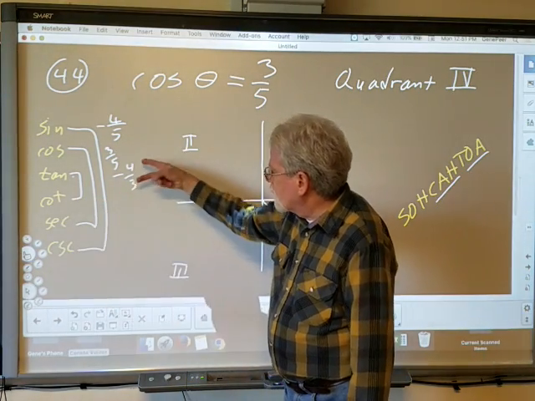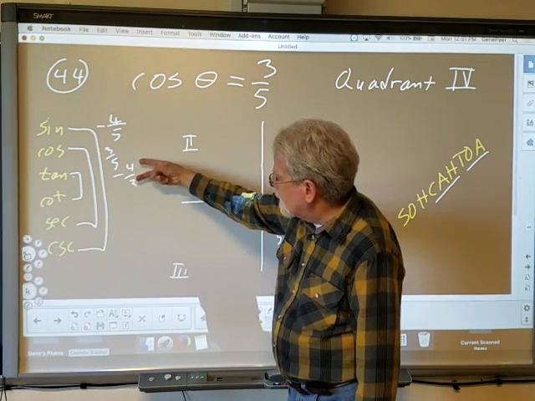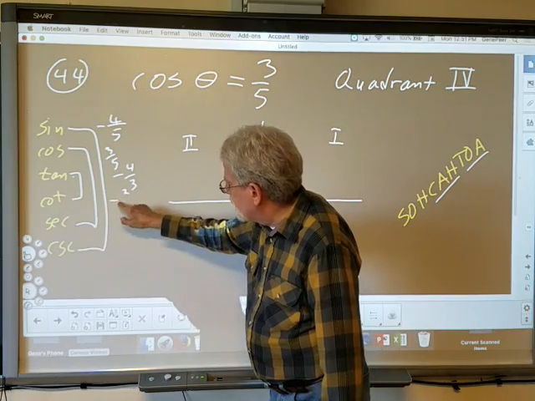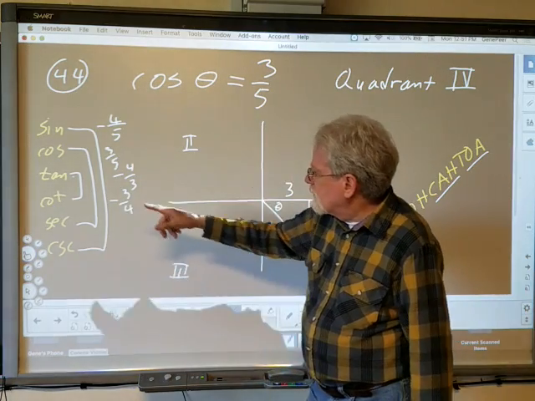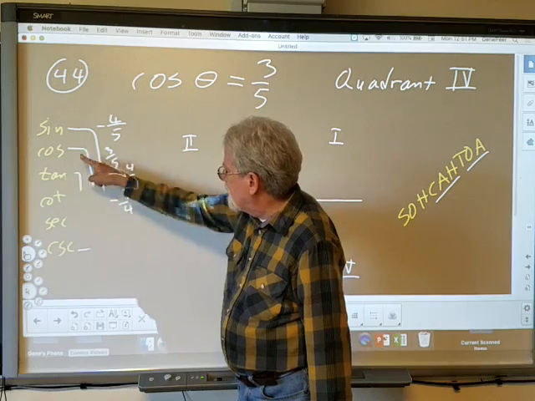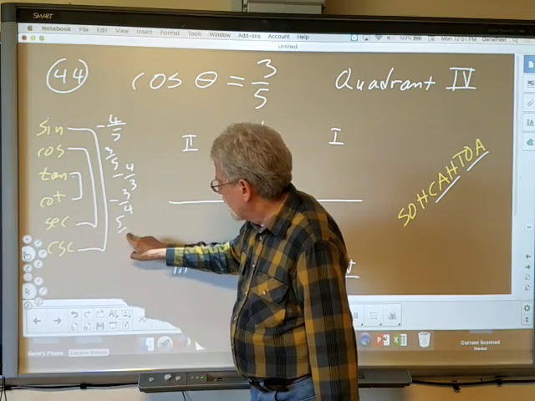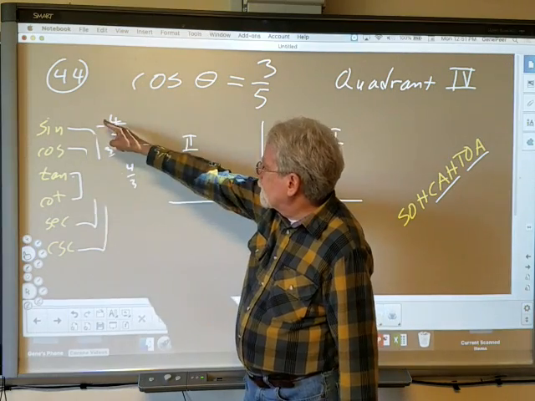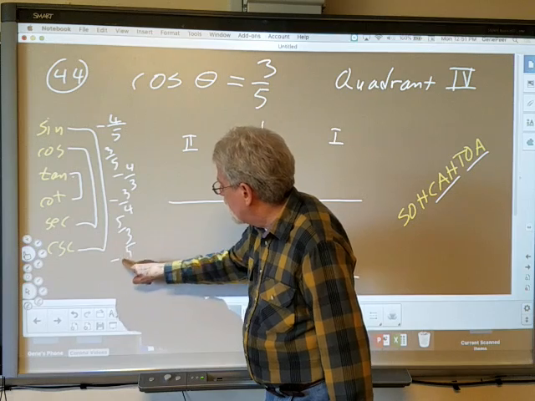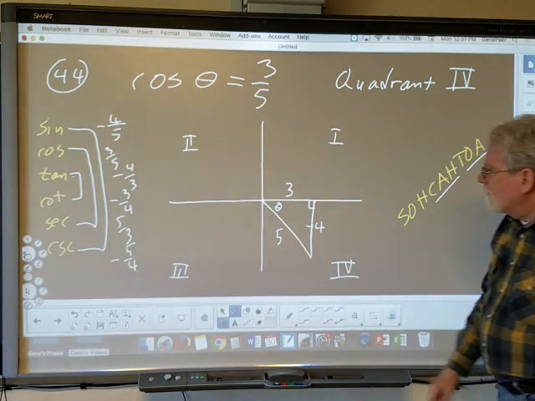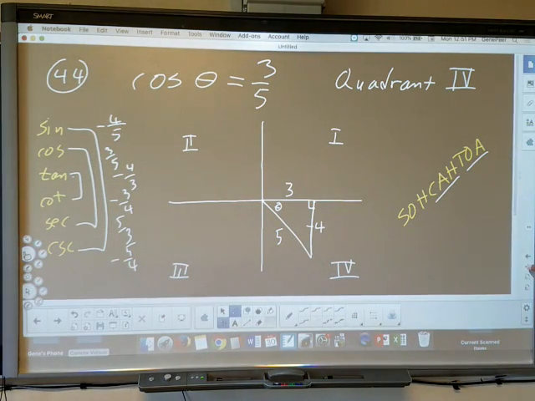Then cotangent is just the reciprocal of that, which will be -3/4. Secant will be the reciprocal of cosine, which is going to be 5/3. And cosecant is the reciprocal of sine, so we get -5/4. And we're done. That was easy enough, assuming I didn't make any more careless blunders like getting all messed up about cosine being positive.